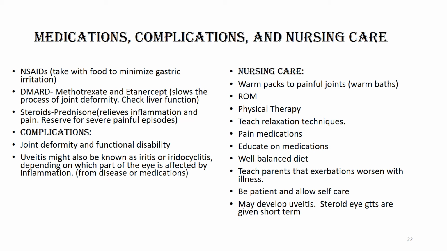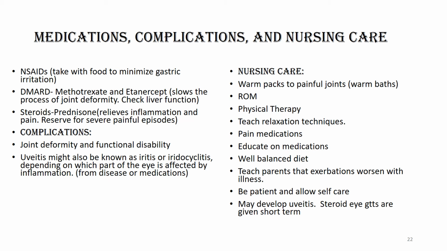And generally the one for arthritis is etanercept, which the other name for that is Enbrel. You might notice that. Sometimes the kids are given Humira instead. It just depends. But the reason for these drugs is it slows down the process of joint deformity and pain.